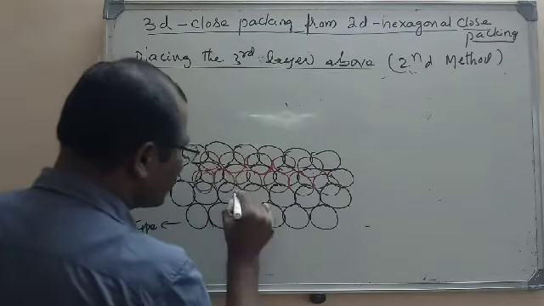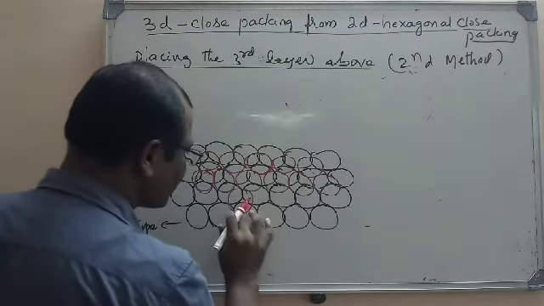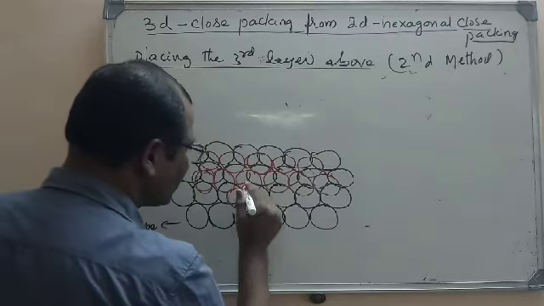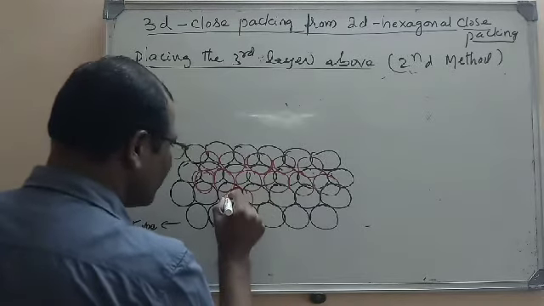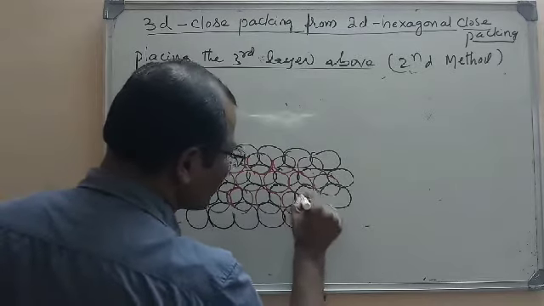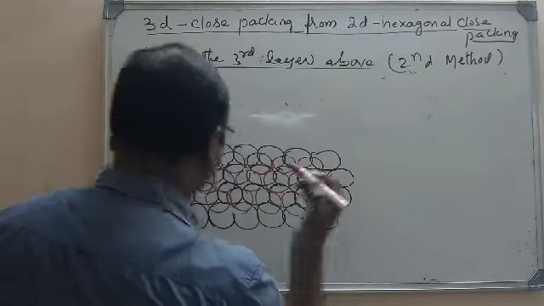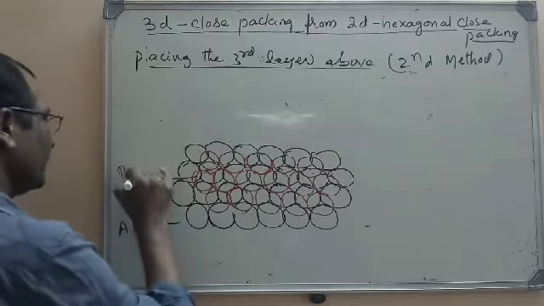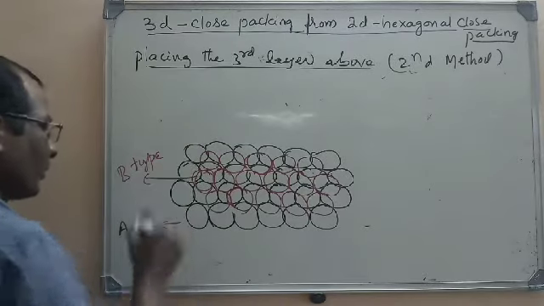This was the information that we got from the earlier discussions. This is all about the second layer. So this is B type. Clearly, A type you know and B type you know.